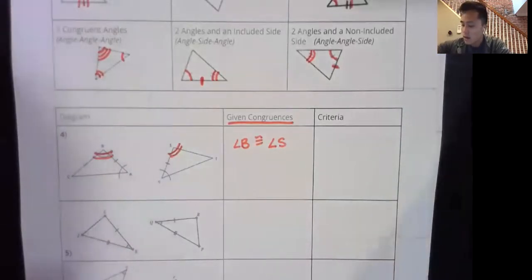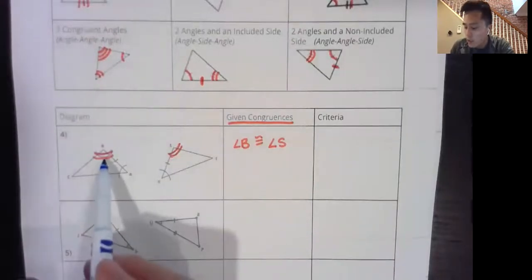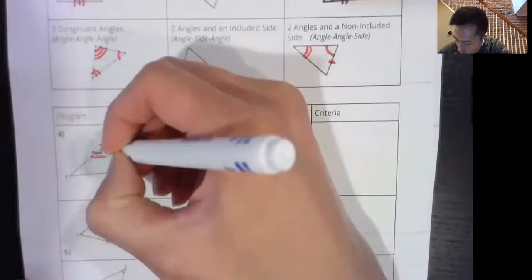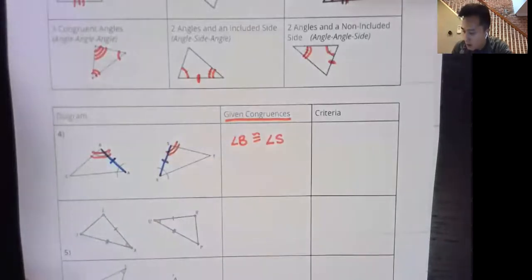Next, I want to list the part that's touching angle B or next to angle B. So in that case, the next piece of information is this side, which is congruent to this side here.